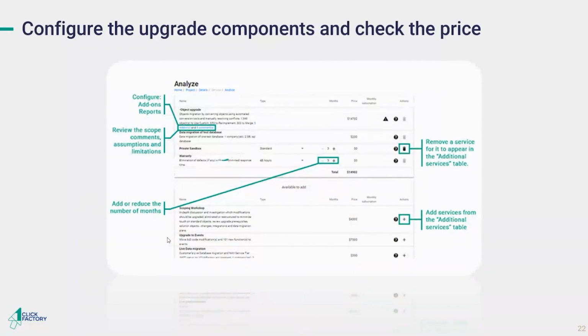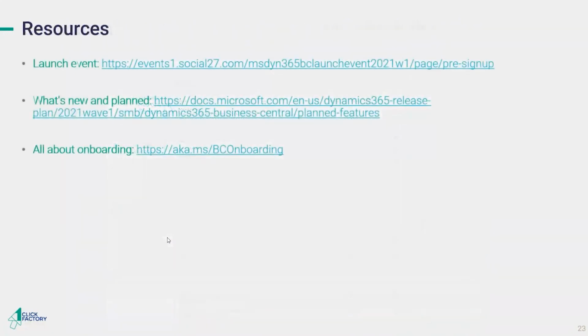Just go to our partner zone at oneclickfactory.com, and if you're an existing partner, upload your IP, your FOB, and start the analysis. If you are a newcomer, the path may be a little longer. You need a few confirmations from our sales team, but then you have the same opportunity to evaluate any kind of upgrade in up to 5 business days and have all the information.